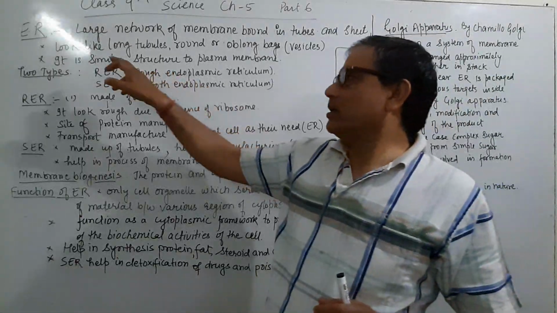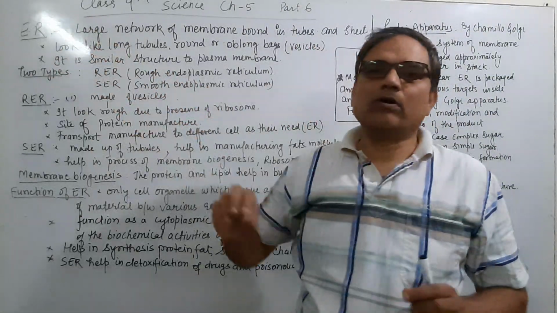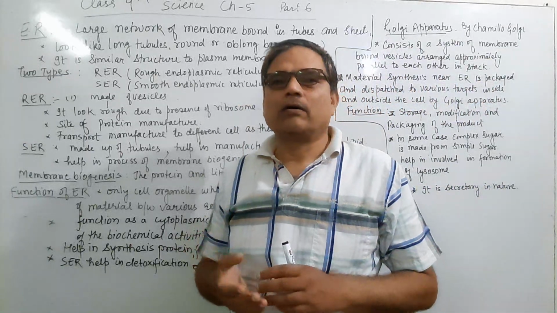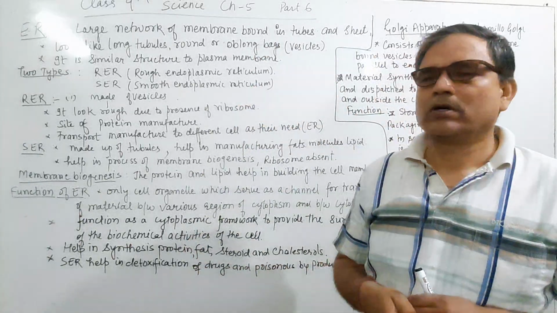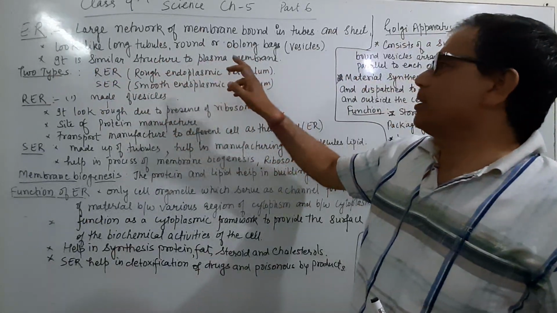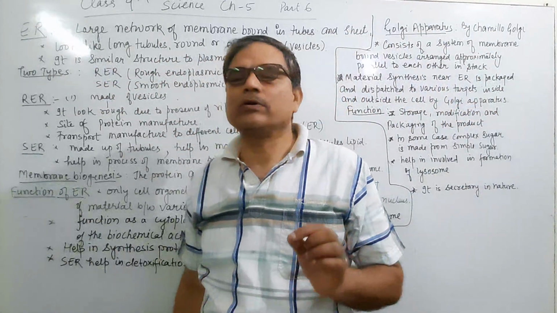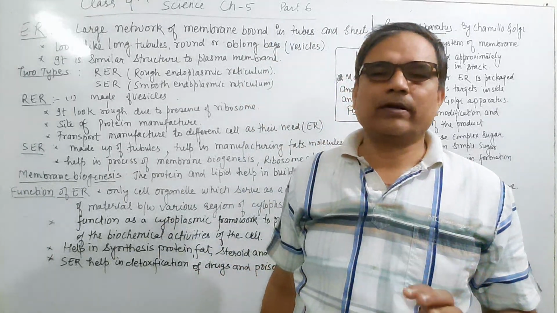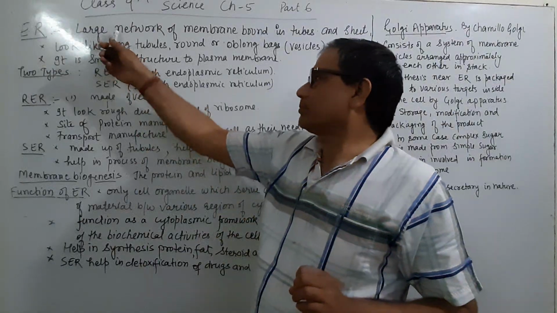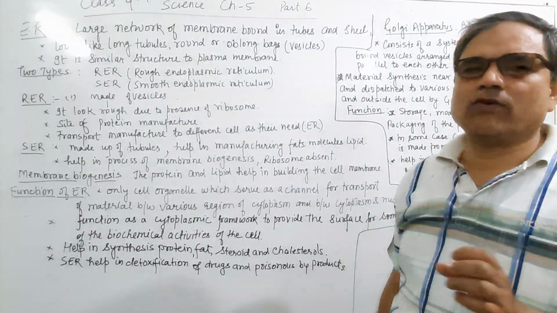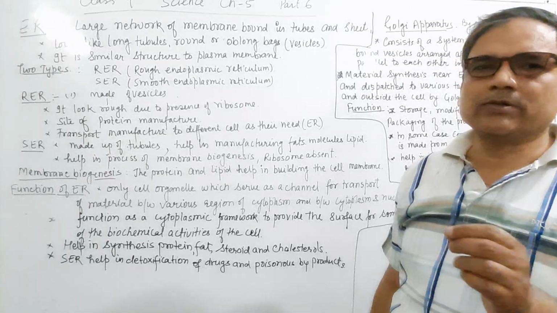This is how the endoplasmic reticulum looks, but it is a membrane-bound structure. The structure of the endoplasmic reticulum is similar to the plasma membrane. These are the characteristics of the endoplasmic reticulum.